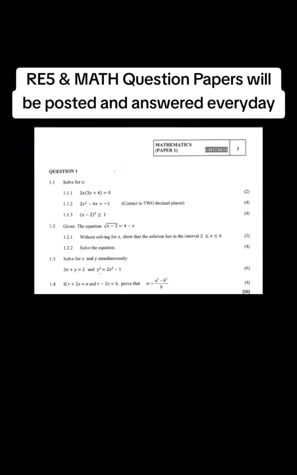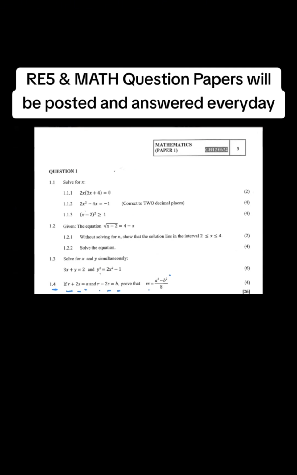Right, so now we're doing 1.4. Let's say R plus 2S is equal to A and R minus 2S is equal to B. Prove that RS is equal to A squared minus B squared, all divided by 8.